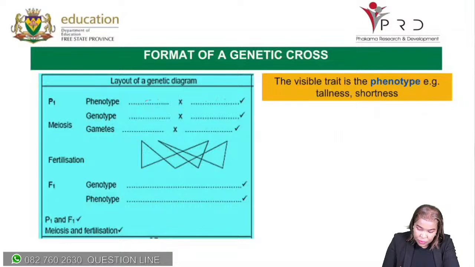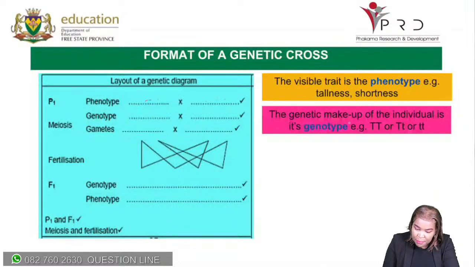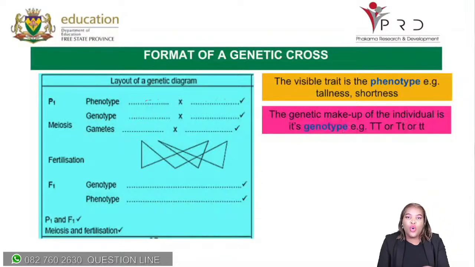And then the genetic makeup of an individual is the genotype. Then you are going to write the genotype. How do you know the genotype? Sometimes some questions will tell you using the letter B, write the phenotypes of these organisms. Then you will check. Did they say the flower was homozygous for pink or heterozygous for pink or homozygous for what?